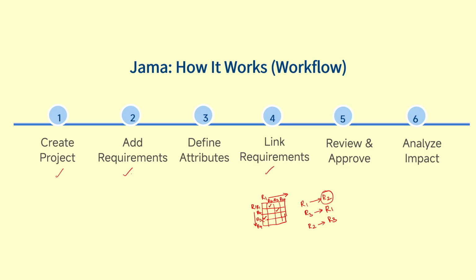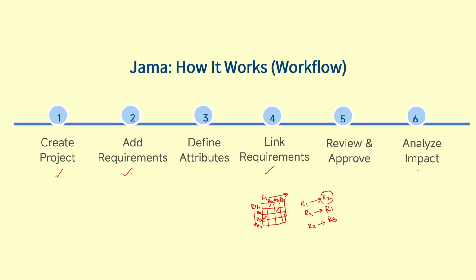It is like the software life cycle has begun. After beginning the software life cycle also, each and every change has to be correspondingly updated in the JAMA software. So at any point of time, if you want to know what set of requirements have been completed, which are in progress, and which are yet to start, everything can be analyzed and the impact can be identified. This is a continual process.